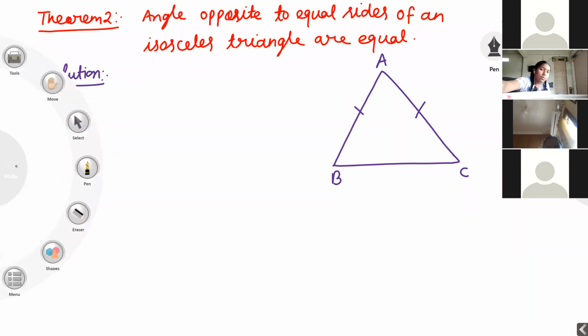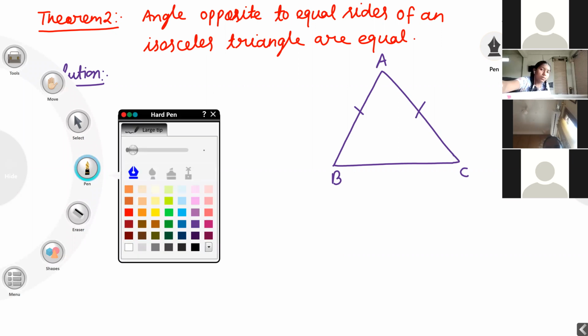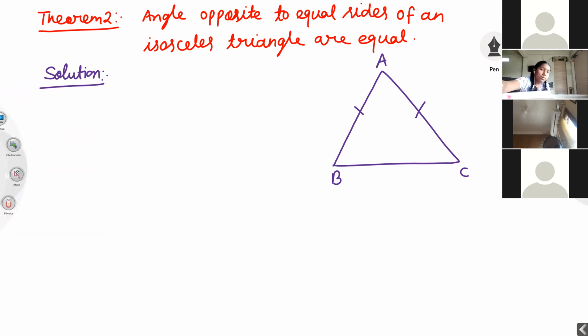If we want to prove any theorem, we first write given, to prove, and proof. Now, given. What has he given here in this question?